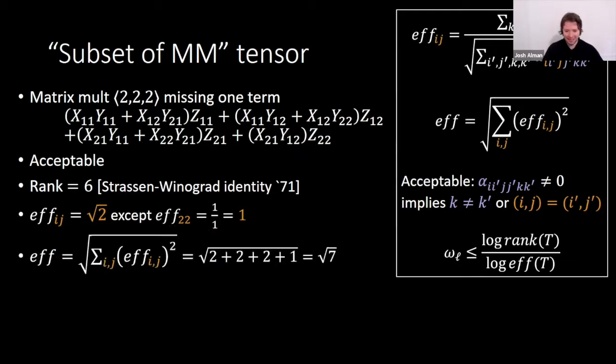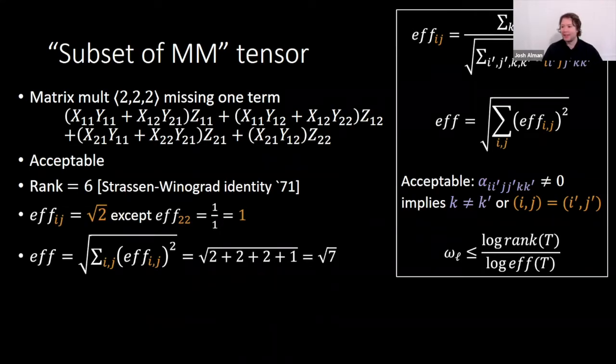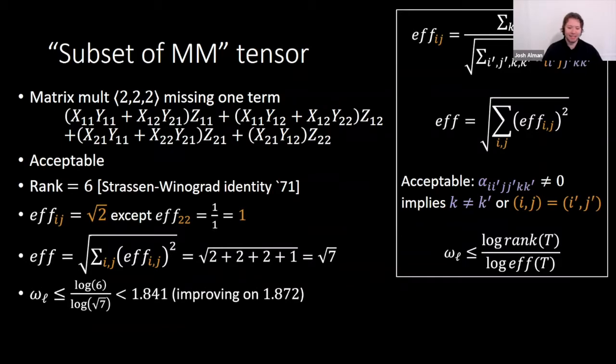So the efficacy for the whole tensor is the square root of 2 plus 2 plus 2 plus 1, which is square root of 7. And we get an exponent, the ratio of the logs, of 1.841, which already improves on the 1.872 from Strassen. So we use this tensor, which is a bit less like matrix multiplication, but has low enough rank that it actually gives an improvement for the problem.